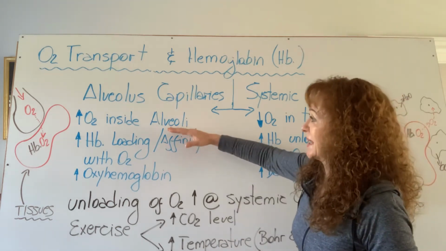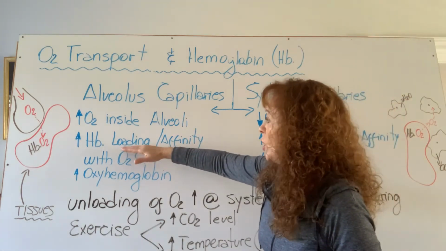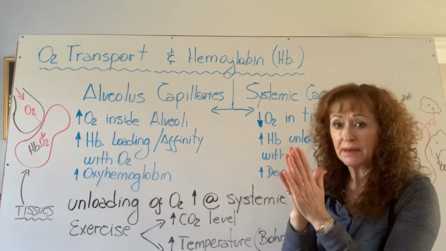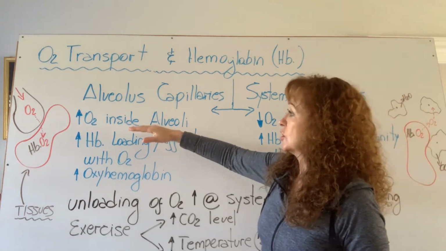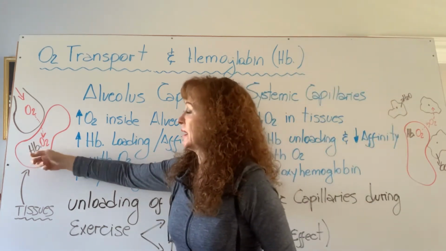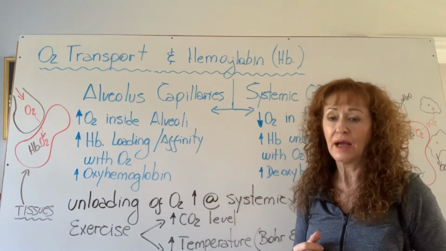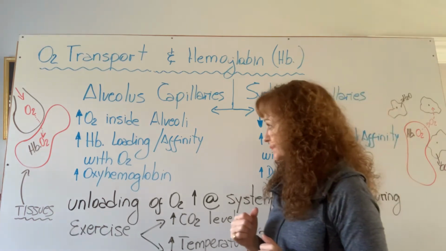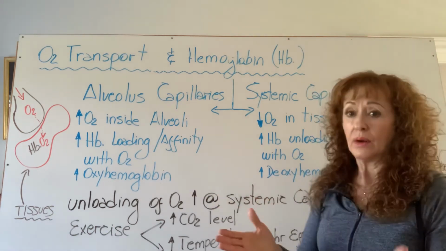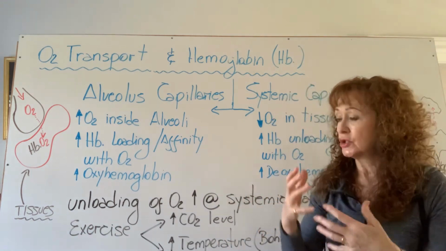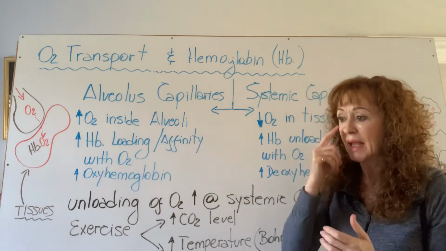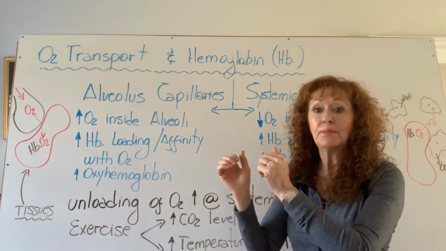Now, I hope you understand that I match these two words, loading and affinity, because the oxygen in the alveoli increases the loading and affinity of hemoglobin with oxygen, transforming it into oxyhemoglobin.